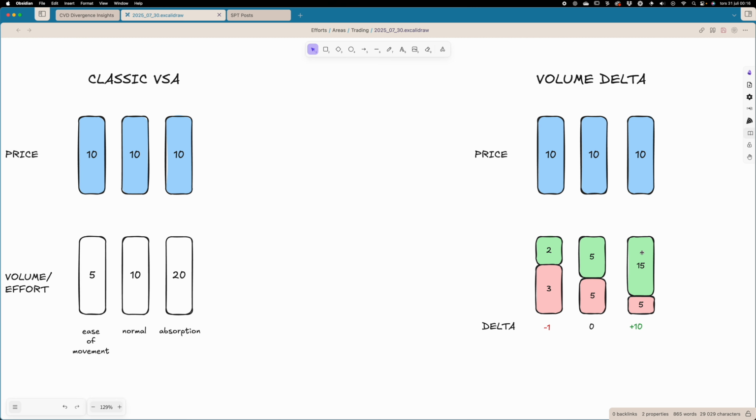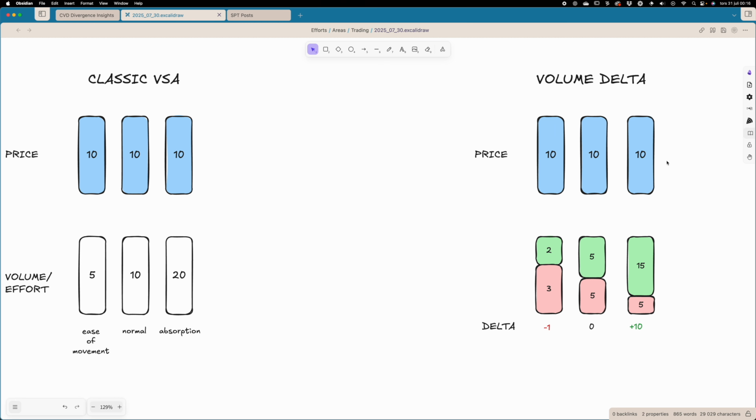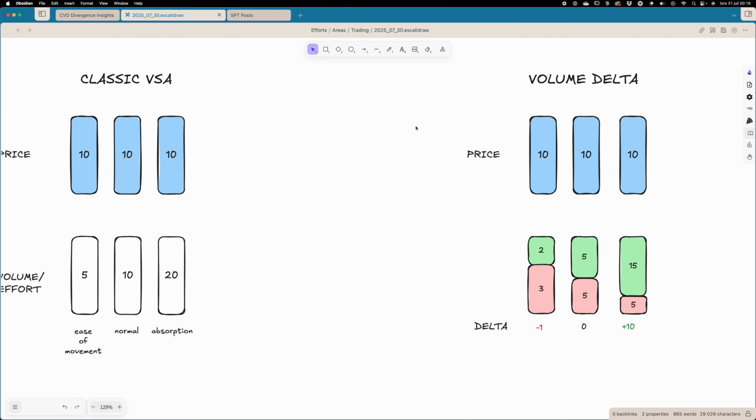So this is a significant amount of energy spent by the bulls to move these 10. And again, if these were also directional bars, then we can make even more conclusions and more combinations of situations there. But let's keep it simple for now.